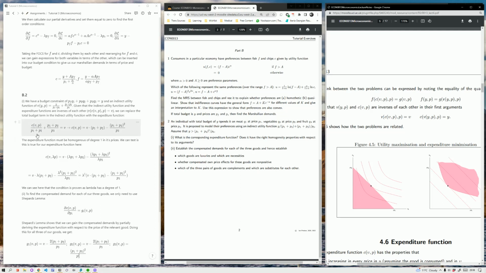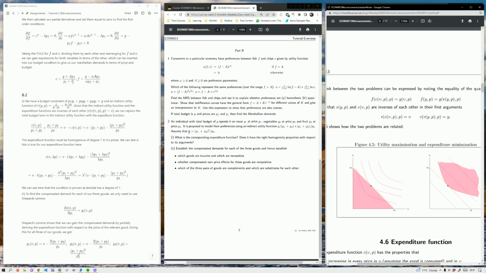It's sort of similar, plus it's just replacing Y. Then we put this in, so we've got expenditure equals V, which is our level of utility. And if we just rearrange, we get our expenditure function, which here is V times P1 plus P2 minus P1 plus P2 squared over P3.